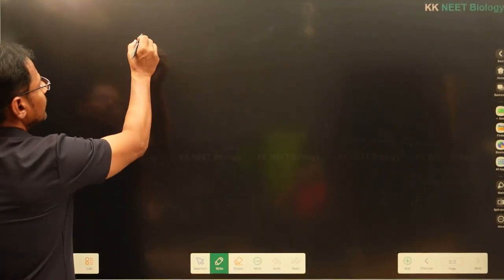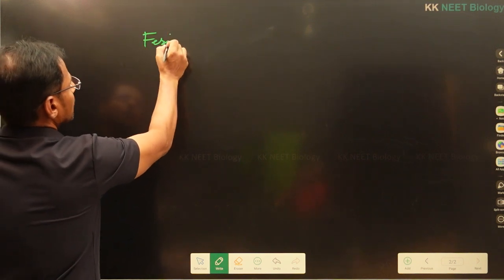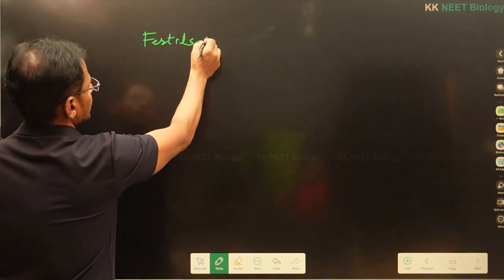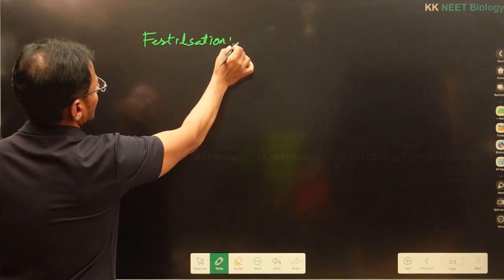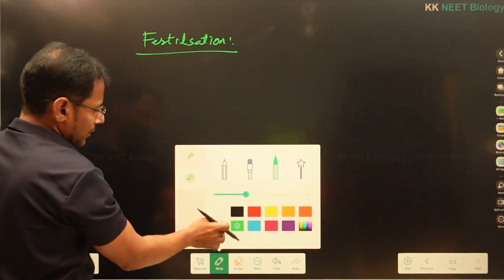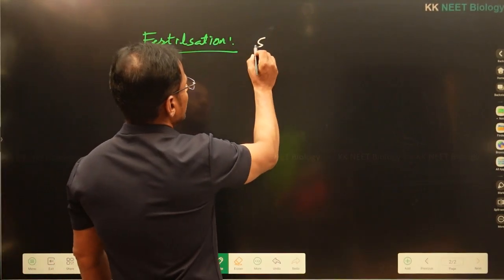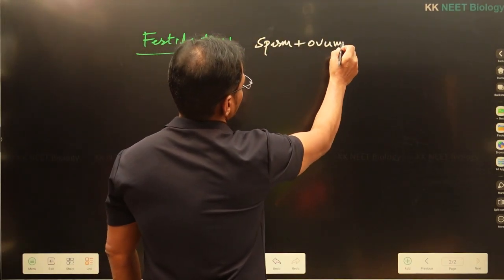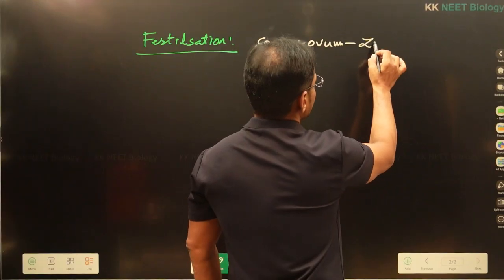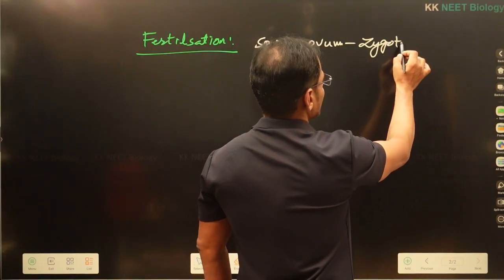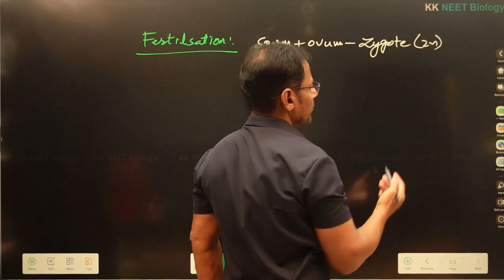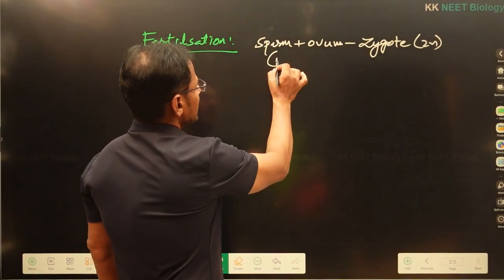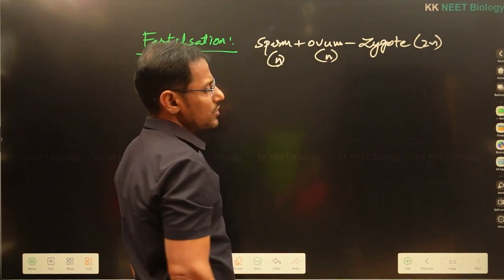Fertilization means the fusion of sperm and ovum. As a result, the zygote is going to be formed. We know that the zygote is in the diploid state, while the sperm is in the haploid state and the ovum is also in the haploid state.